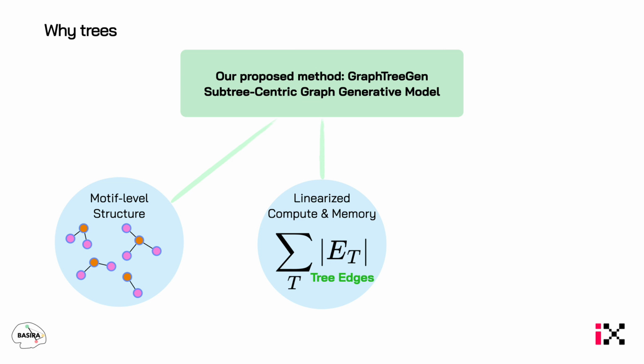Second, operating on small subtrees scales roughly with the number of edges within a tree, instead of the potential n-squared complexity of full graph message passing. Third, this tree structural bottleneck forces the model to summarize motif combinations rather than copy entries, yielding robustness under edge masking, noise, and preventing trivial identity mapping.